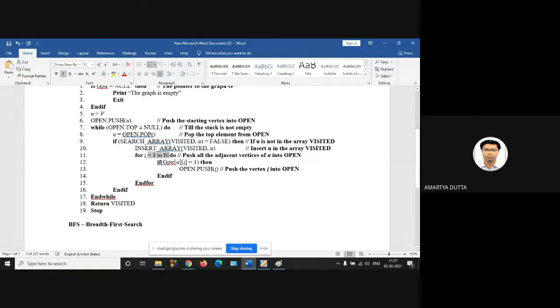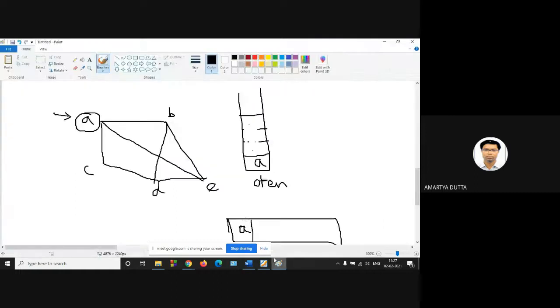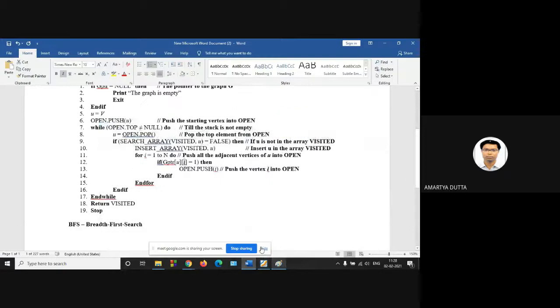If your GPTR U of I is 1. So first, when I is 1, if we take B, this is depth first search. So A and B, GPTR A and B, this is 1. So push this B in the stack. Okay. So push this in the stack.